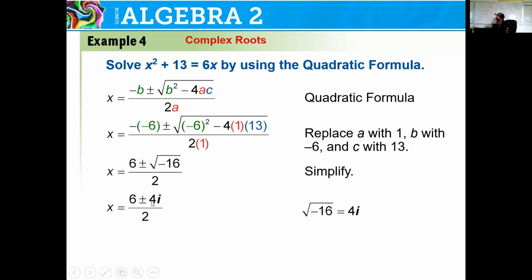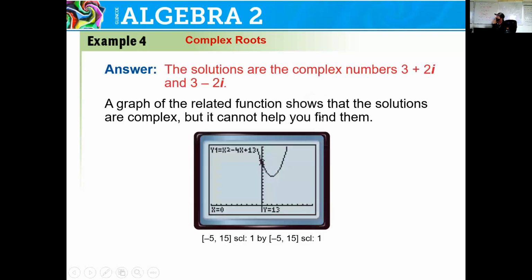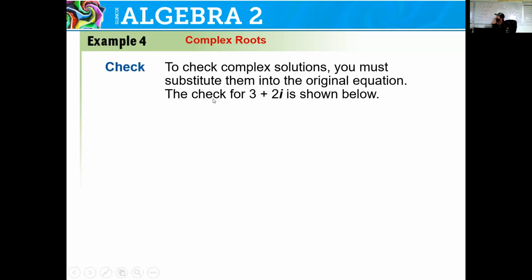So 6 plus or minus 4i. So the answer, x is equal to 3 plus 2i, and x is equal to 3 minus 2i. You split them and solve them that way. Simplify them all the way down.